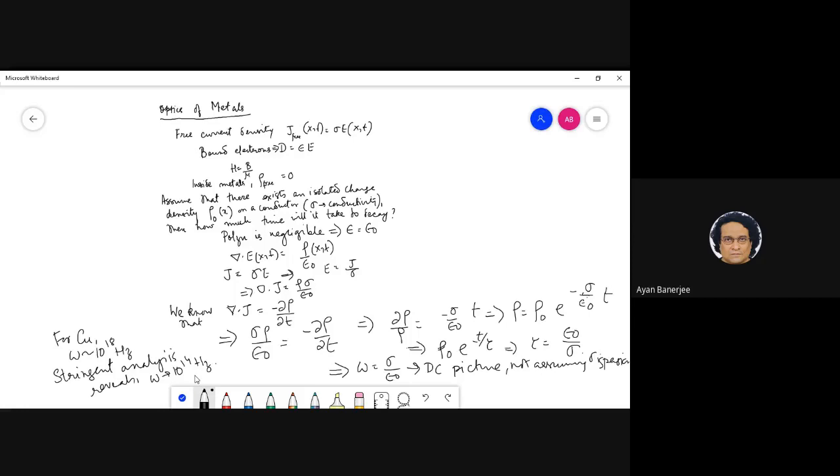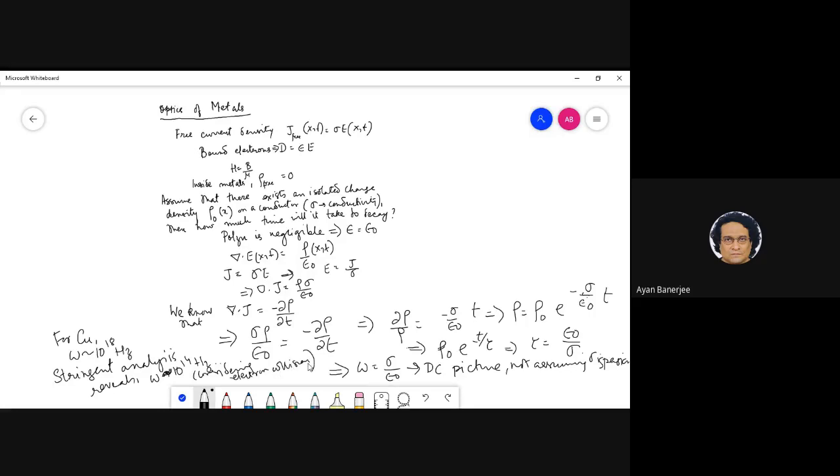For example, 600 nanometers is about 3 times 10 to the power 14, so it is almost equal to this. This is basically by considering electron collisions and all. So this gives us some kind of time scale.